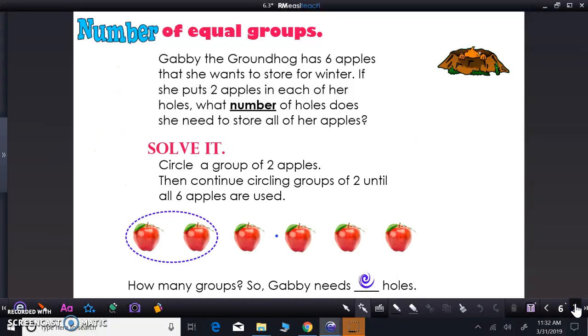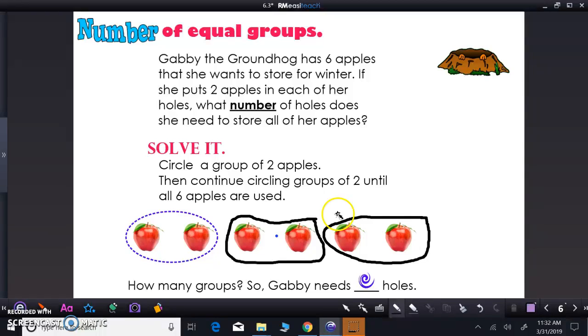In order to solve this type of problem, we are going to start with Gabby's 6 apples. Because we know that she groups her apples in groups of 2, we are going to circle groups of 2 apples until we've circled all of the apples.